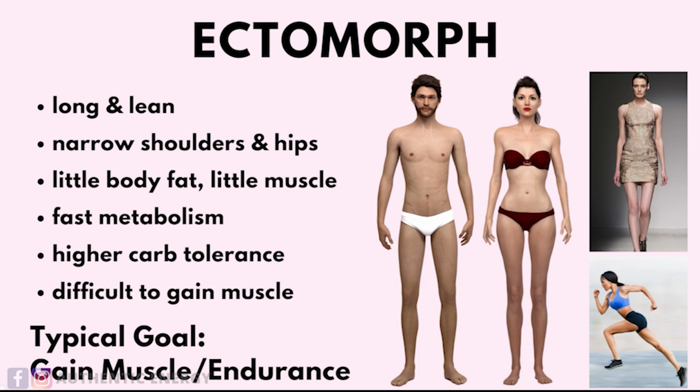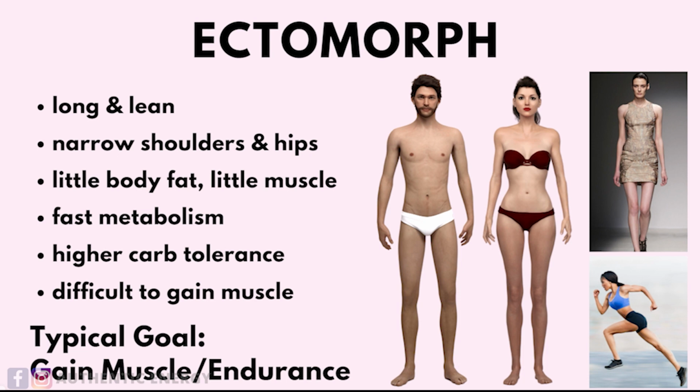The typical health goal for an ectomorph would be to gain muscle and also to train for endurance. That is for the ectomorph athletes who are pushing for endurance, and for certain ectomorph bodies, they want to gain more muscle.